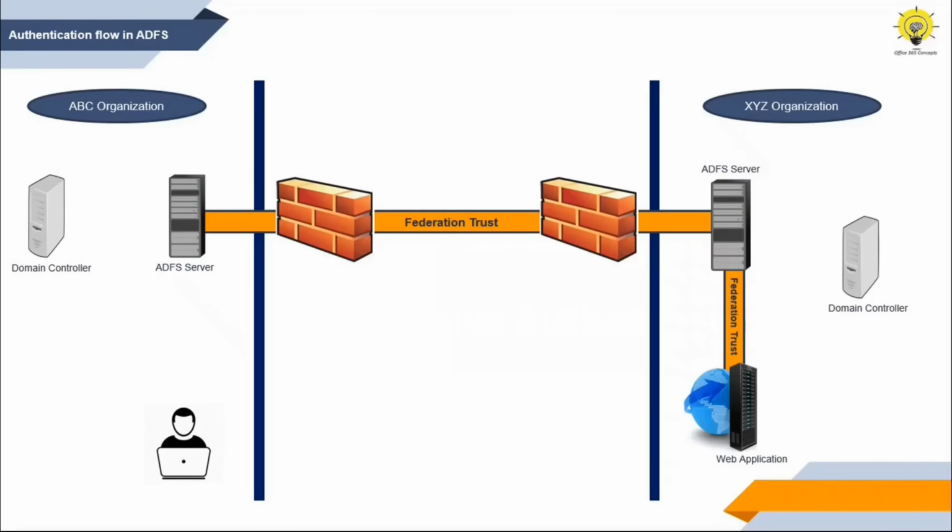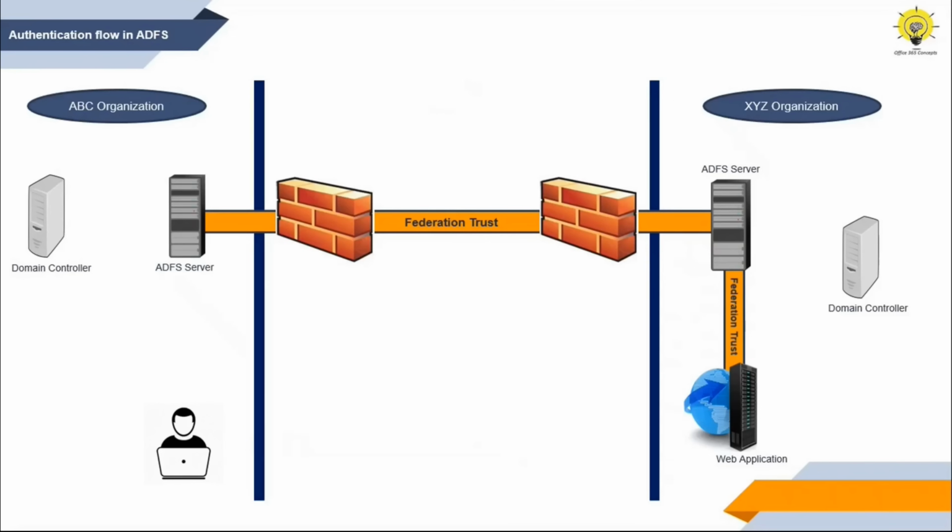In this example, we have two organizations, ABC organization and XYZ organization. ABC organization has a federation trust set up with XYZ organization, and the application of XYZ organization is added as a relying party trust in ABC organization.